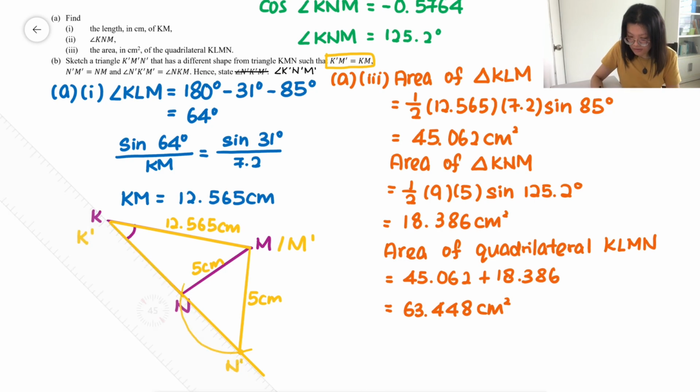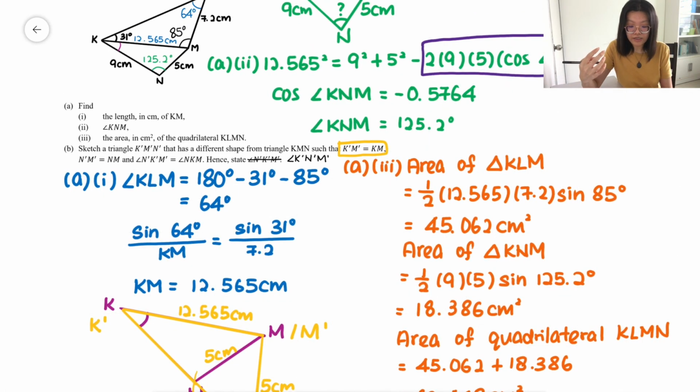So this is the answer. Triangle K prime N prime M prime has a different shape from my original triangle KNM, but at the same time, the length of KM equals the length of K prime M prime.